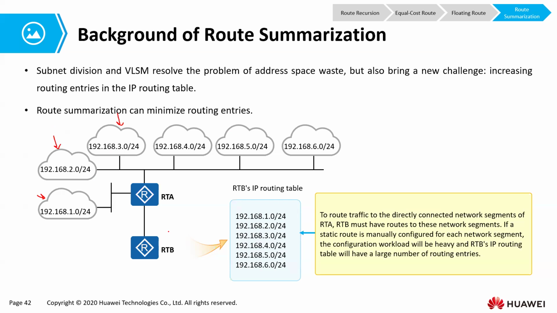We have segmented our network, yes, without wasting my addresses, yes. But however, routing table rinozara nemasubnets ese one. My routing entries akawanda. Trying to find the right route becomes very difficult. Configuring my routes actually becomes very difficult.